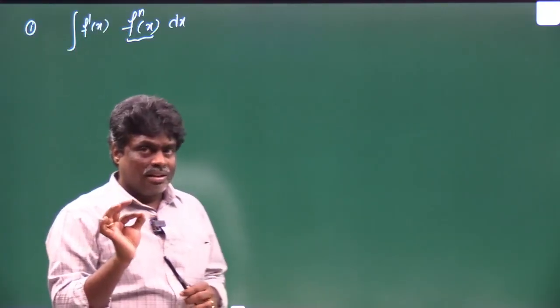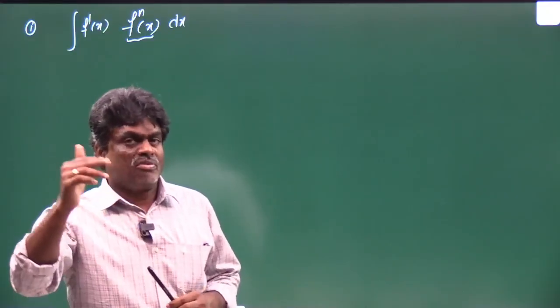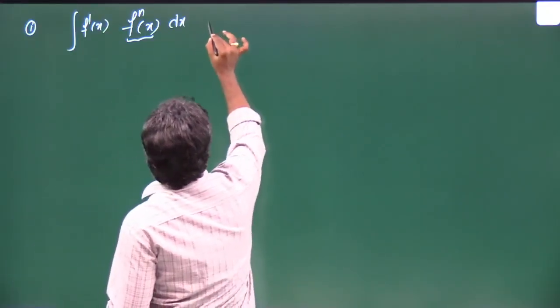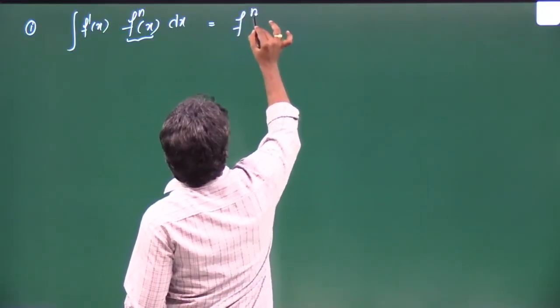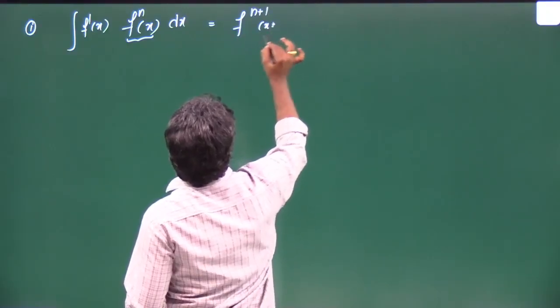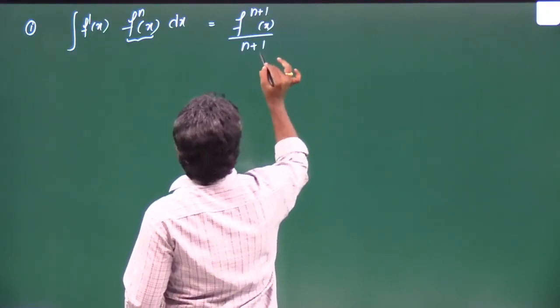So the integral of f dash of x into f power n of x is simply f power n plus 1 of x by n plus 1.